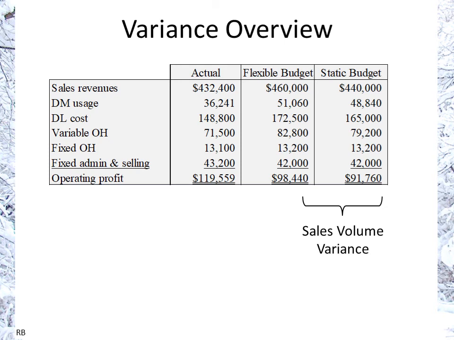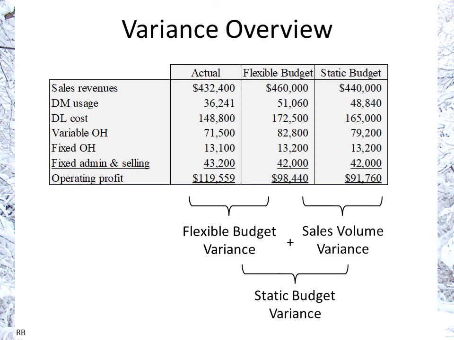Now the sales volume variance is the difference between the flexible budget and the static budget. And the flexible budget variance is the difference between the actual amounts and the flexible budget. When we add those together, we end up with the static budget variance, which is the total difference between the actual and the static budget.